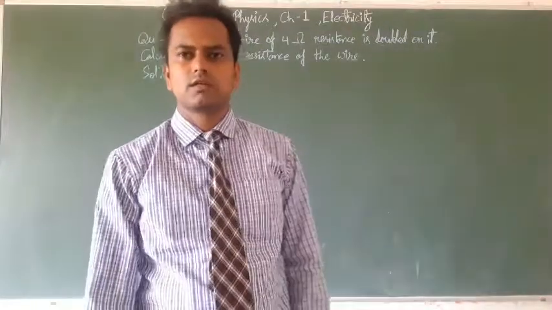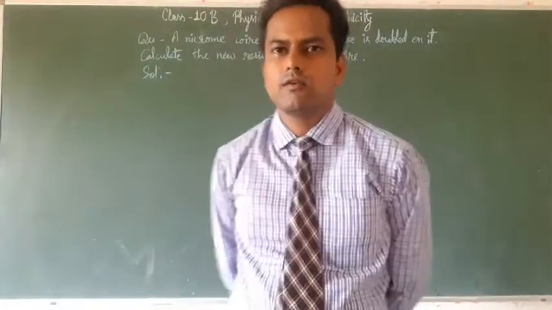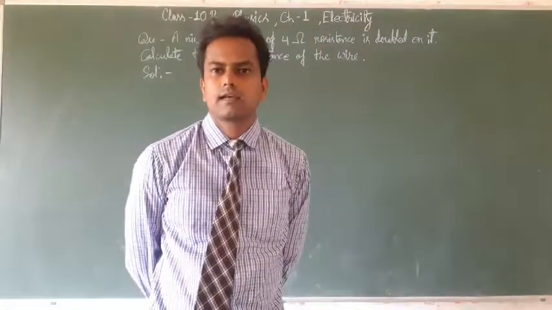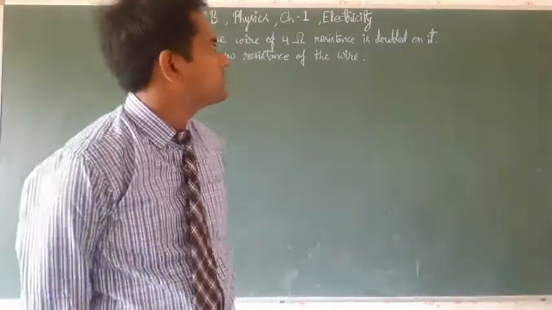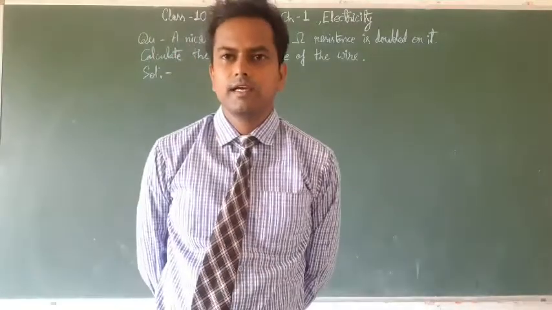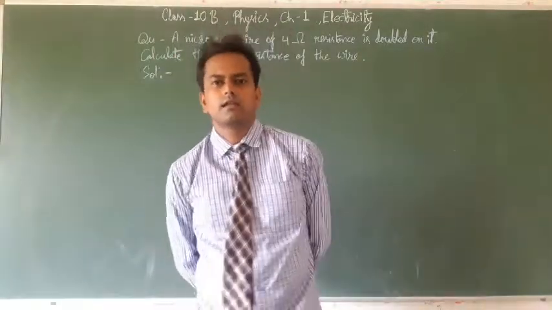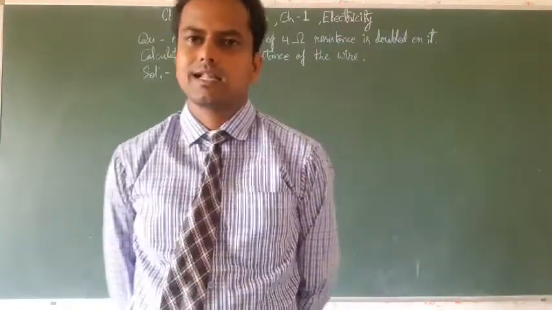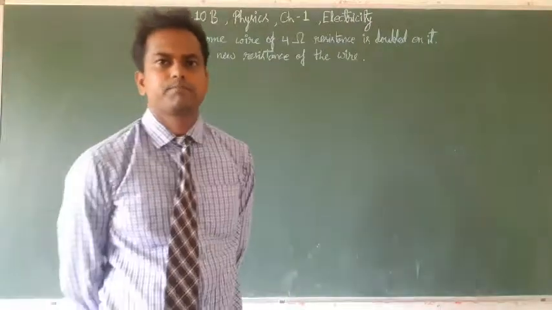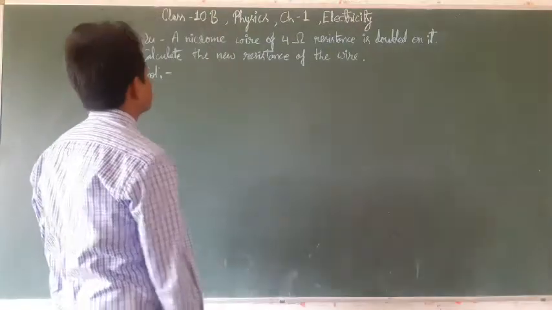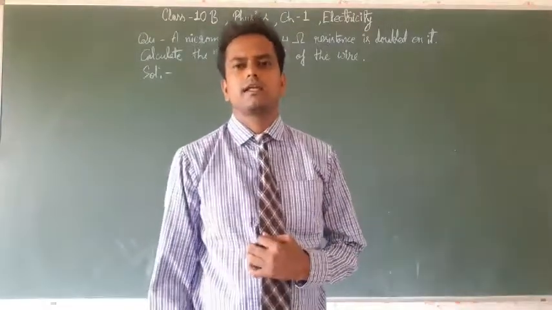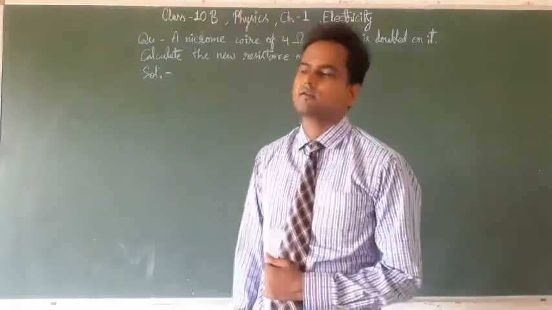So in this question, the resistance of a given nichrome wire is 4 ohm, and if we double the length of the wire, then what will be the resistance of the new wire? So we have to calculate the new resistance when the length of wire is doubled.